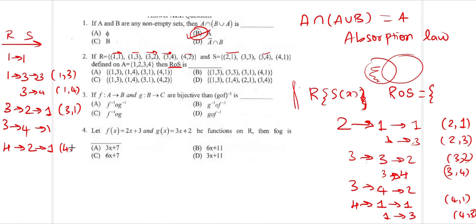So 4 comma 1 is going to be one combination. And if you check 1 3, 1 4, 3 1, 4 1, yes, it is present over here. So instead of taking the usual notation of R of S of X, they have taken it as S of R of X. So they have begun with R and moved towards S, in which case your answer will be this.